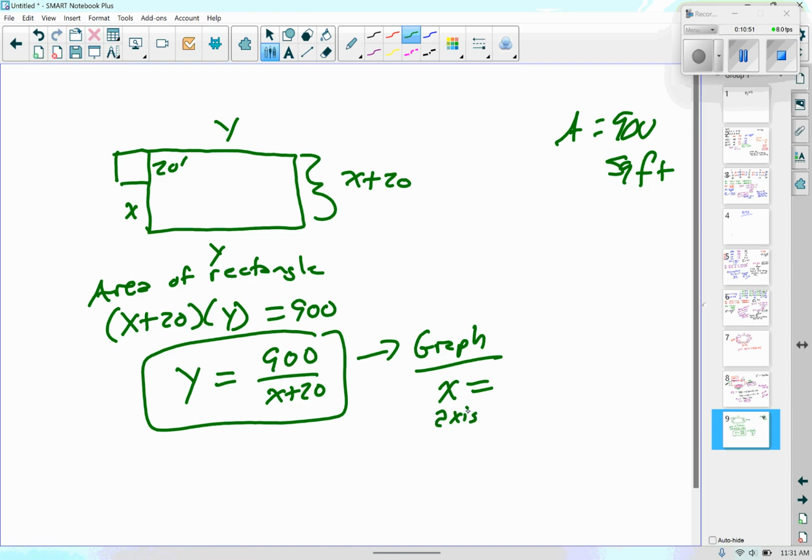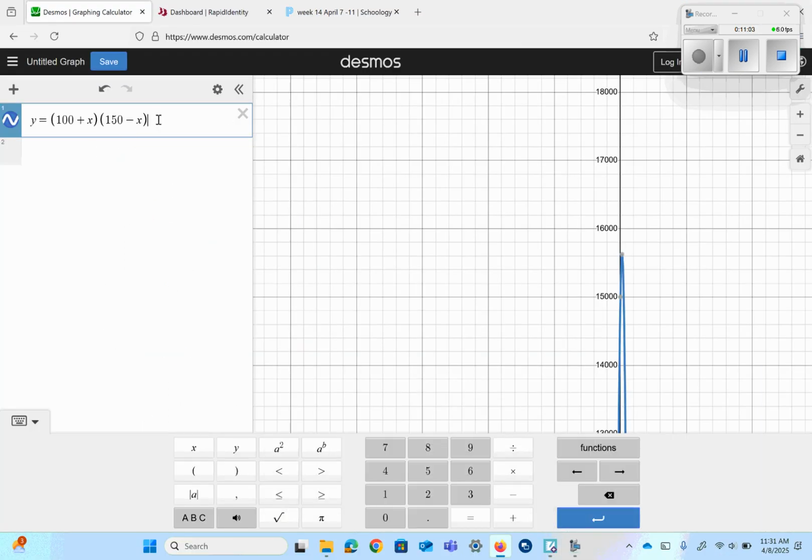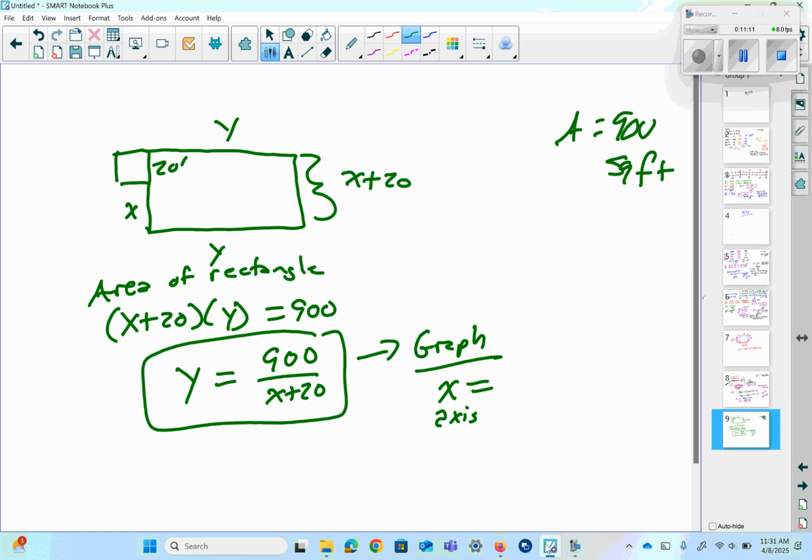I think that's going to work for us. And if we do that, that should then allow us to figure out y, and we can solve the rest of it. 900 divided by x plus 20.